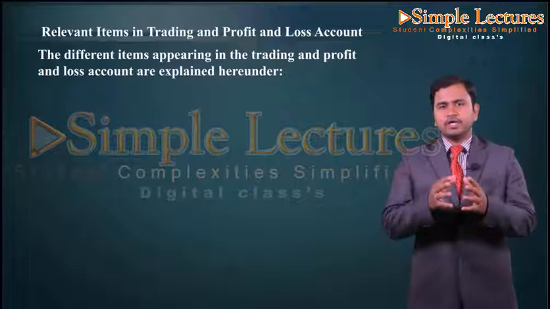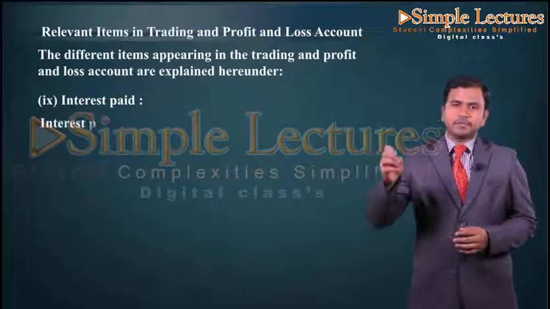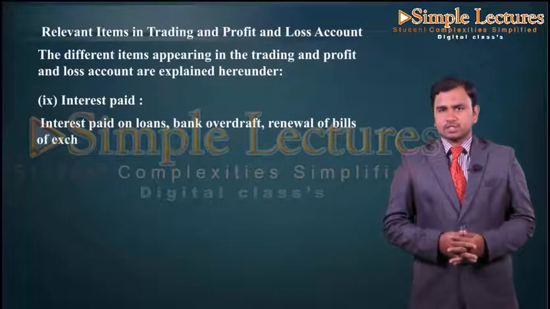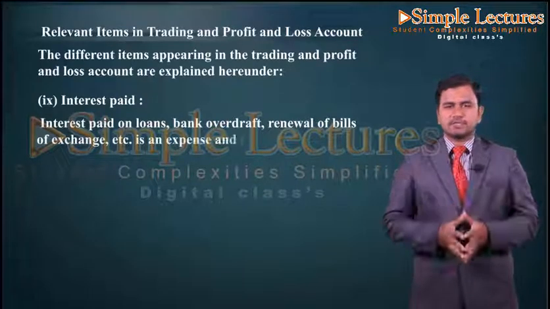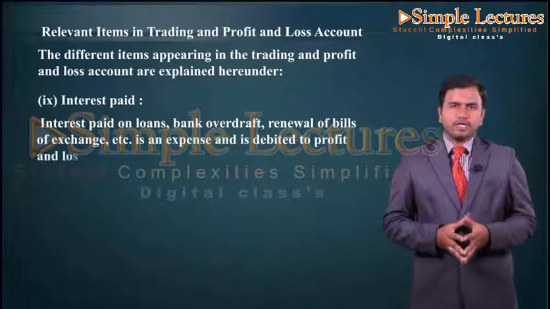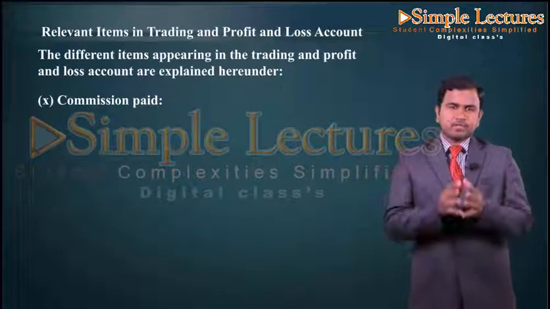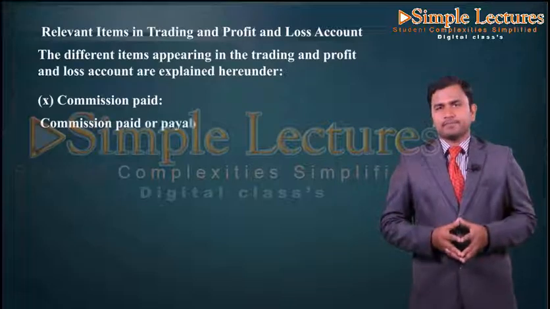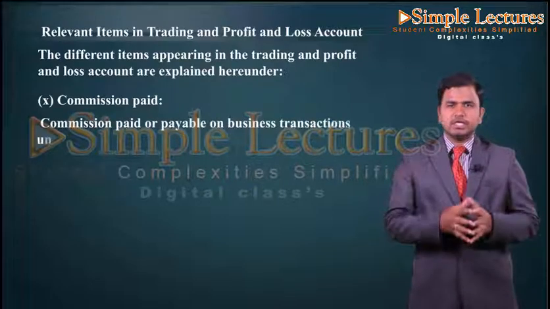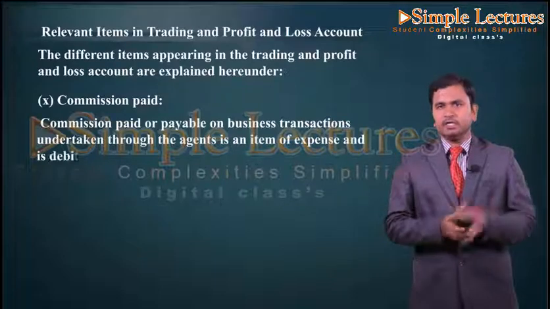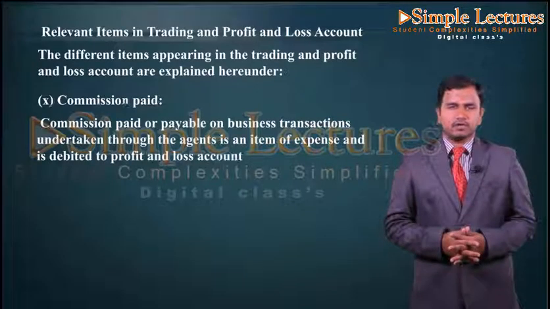Then we have interest paid. Interest paid on loans, bank overdraft, renewal of bills of exchange, etc. is an expense and is debited to the profit and loss account. Then we have commission paid. Commission paid or payable on business transactions undertaken through agents is an item of expense and is debited to the profit and loss account.